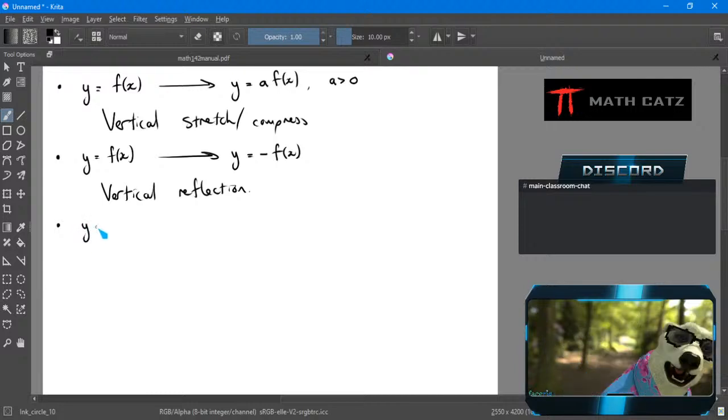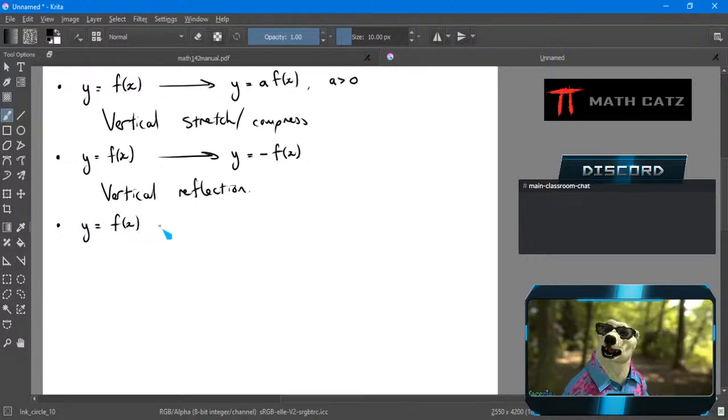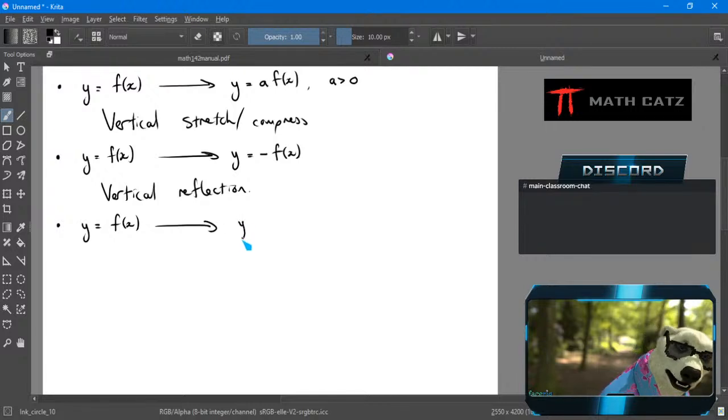Then we can also do a very different transformation by replacing x wherever I see it with an x, let's call it minus p. Could be a number, x plus or minus, depending on what p is. That is a replacement.